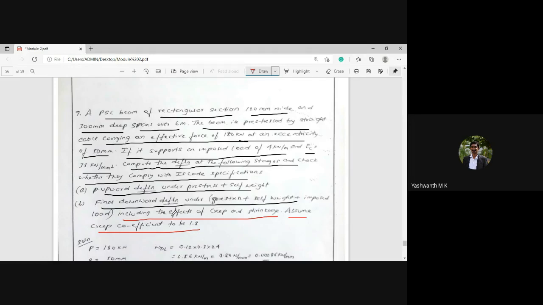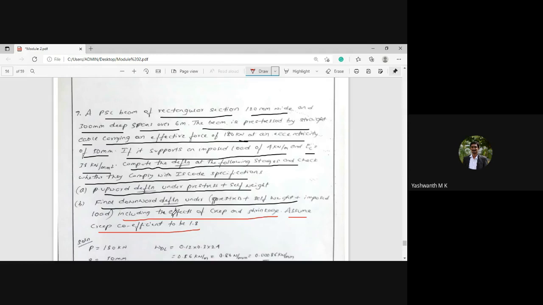For this uncracked structural PSC member, till now I have calculated the short-term deflection by considering only the loads. But in this particular problem, apart from the loads, it is also asking for the final downward deflection by considering loads and also the effect of creep and shrinkage.